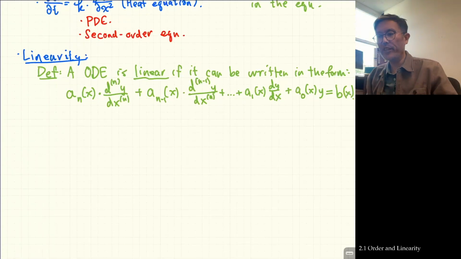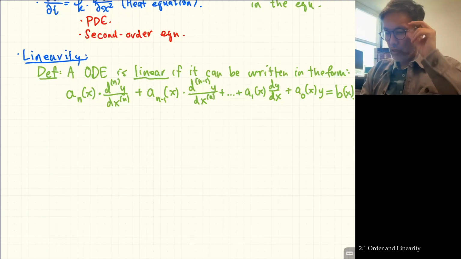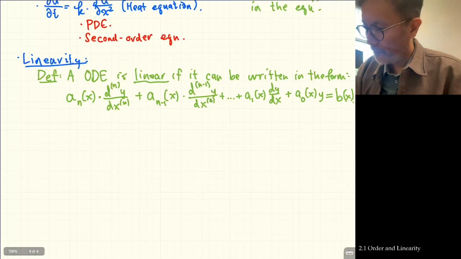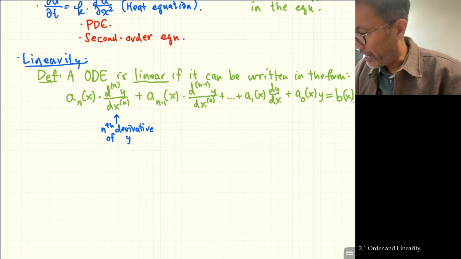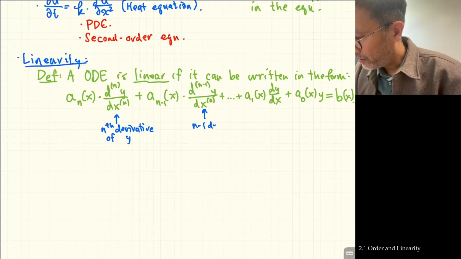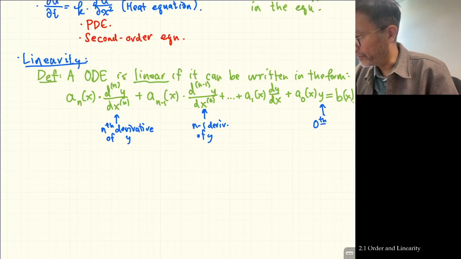A linear equation is one that has this particular form. So to be absolutely clear, this here refers to the nth derivative of y. This is the n minus first derivative of y. And we keep going all the way down. And of course, we regard y itself as being the 0th derivative in some way.